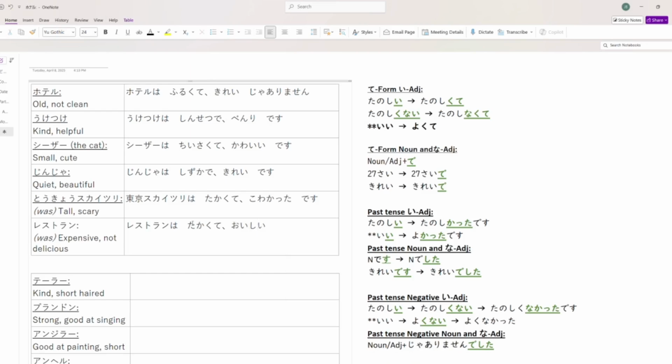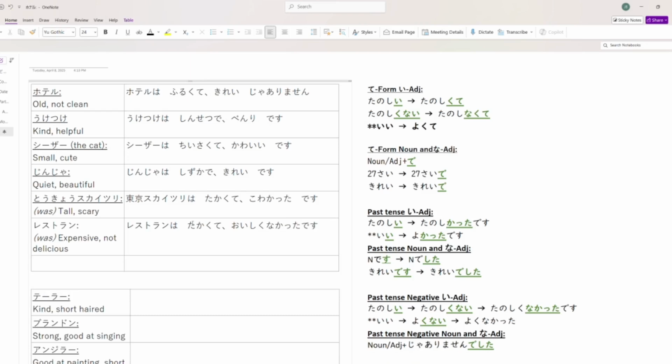Oishikunakatta? はい、美味しくなかった。Oishikunakatta です。はい、正解。OK、読んでください。レストランは高くて美味しくなかったです。はい、レストランは高くて美味しくなかったです。Okay.